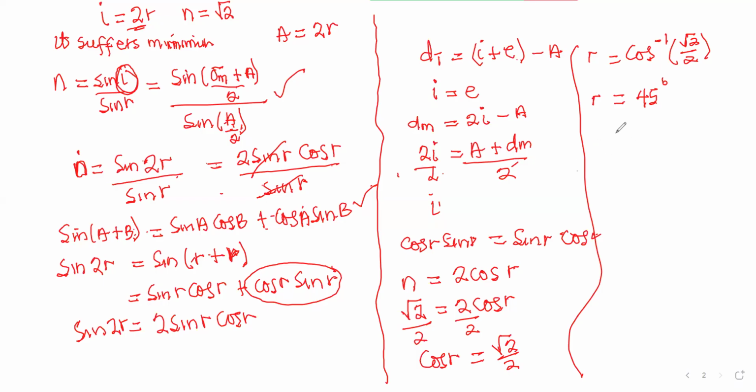And we know that at minimum deviation, A is equal to 2 times R. So if R is 45, then the angle of the prism will be 2 times 45, which is 90 degrees. That is the solution.